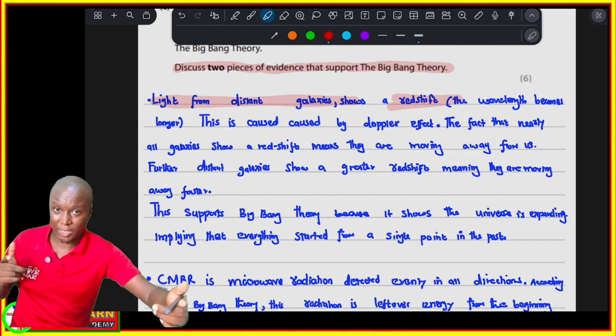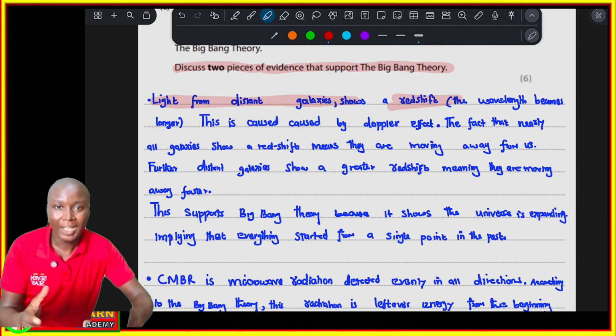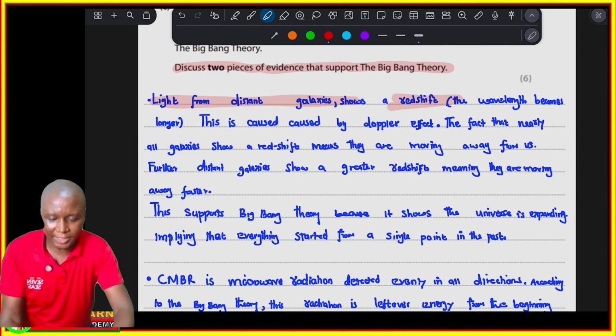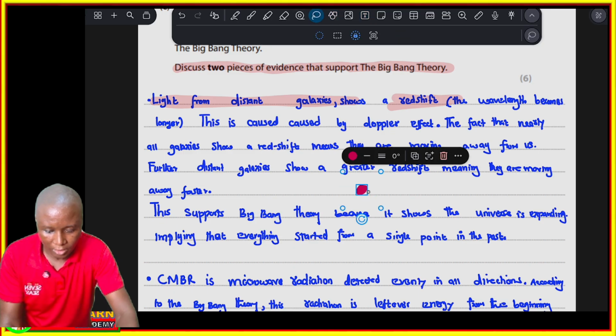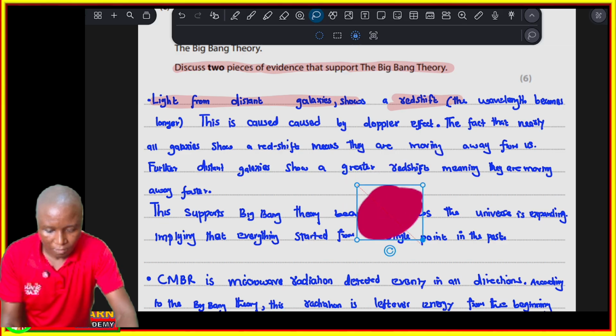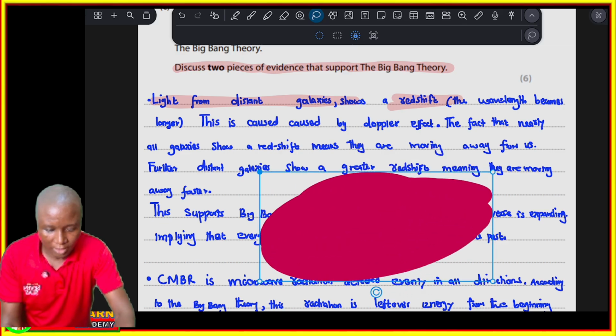That's the evidence, because Big Bang theory claims that the universe originated from a single hot dense point, and that single dense point expanded to whatever we have.